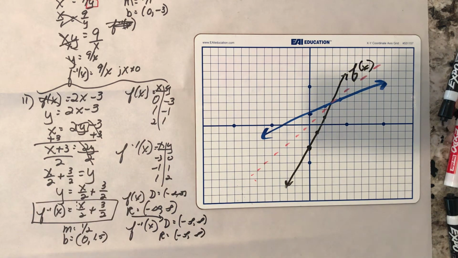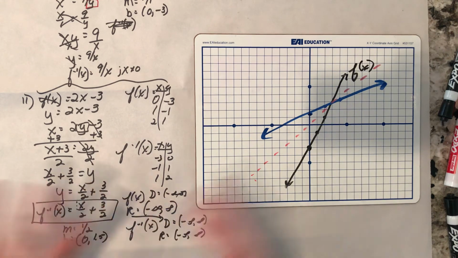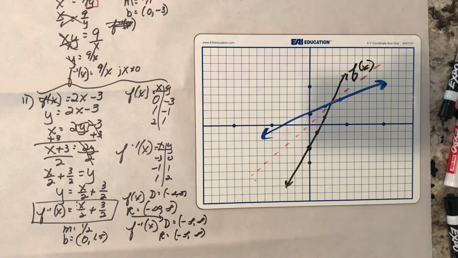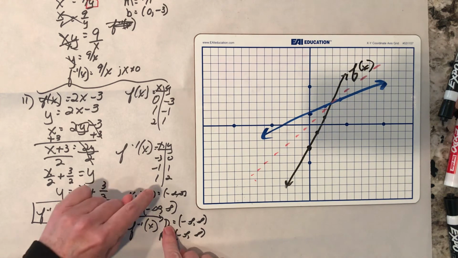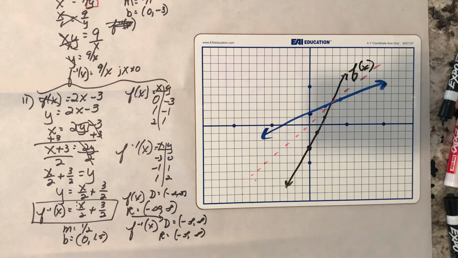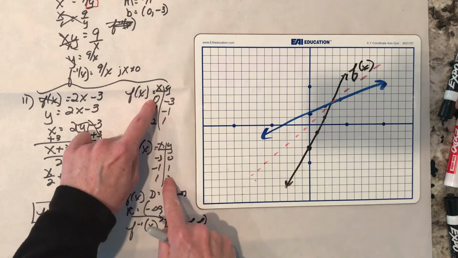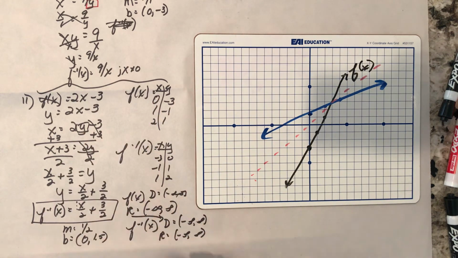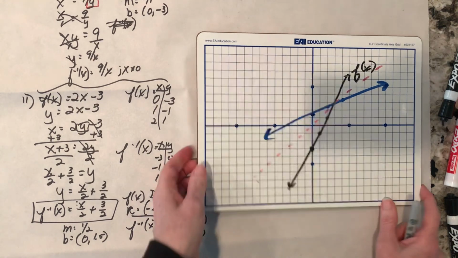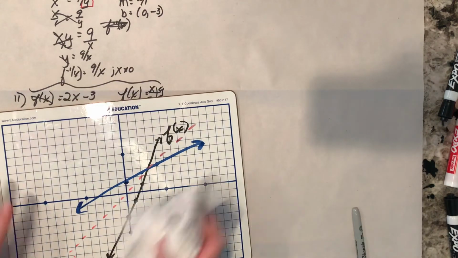Now, that doesn't have a whole lot to do with anything here because they're all the same thing, but that will end up happening on other functions, specifically on number 12. The domain for one will be the range for the other. Just in the same way these points get up and swap places, these domains and ranges will swap places.